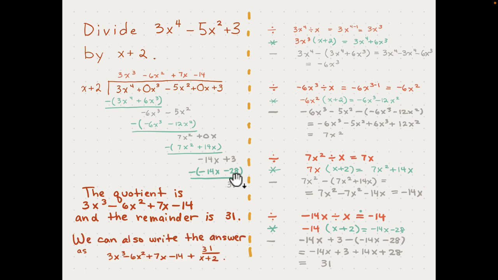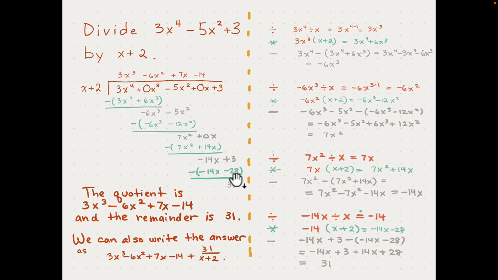Sometimes we will write this a little bit differently. So if you think of taking 9 divided by 2, if you actually write that out as a division problem, your quotient is 4, your remainder is 1, but we will take that 1 and put it over 2 and say that the answer can also be written as 4 and 1/2.